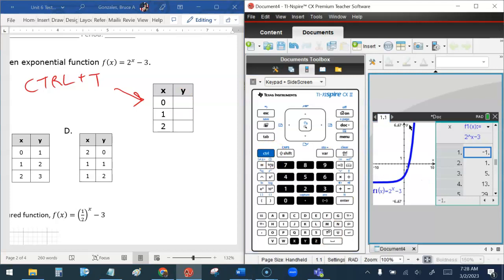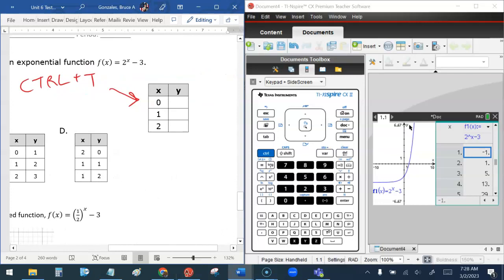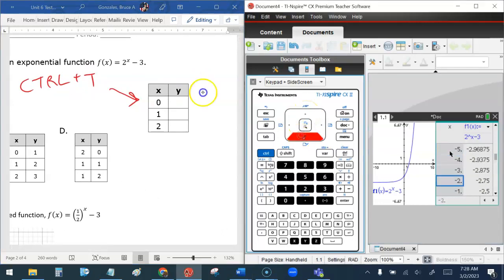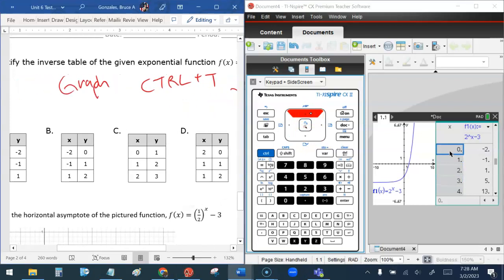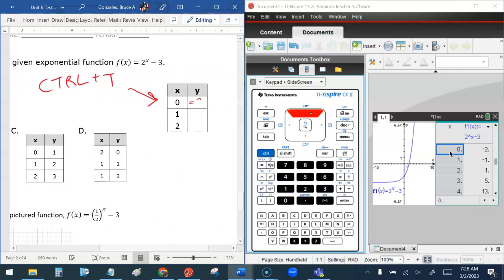So I got 0. Now it says 0, so I'm going to have to go up 1 here. Okay, so 0, 1, 2 is negative 2, negative 1, and then 1.